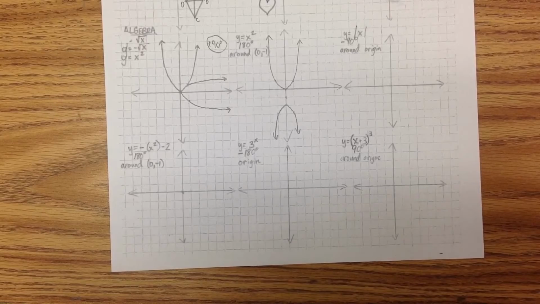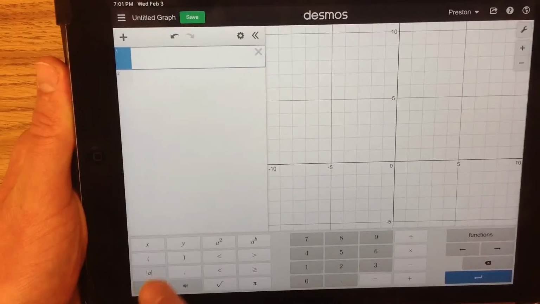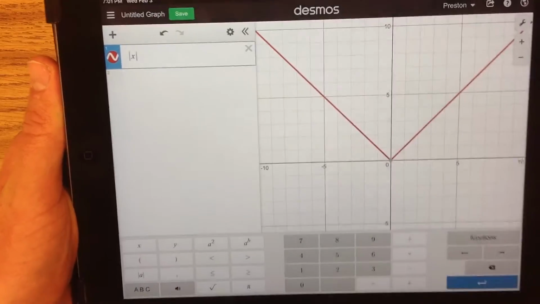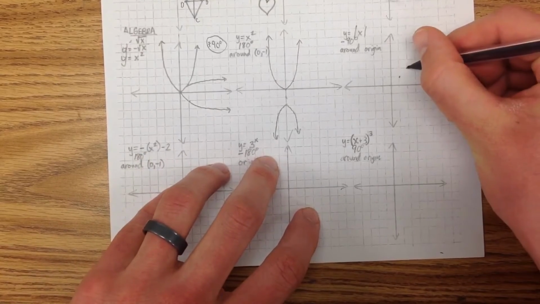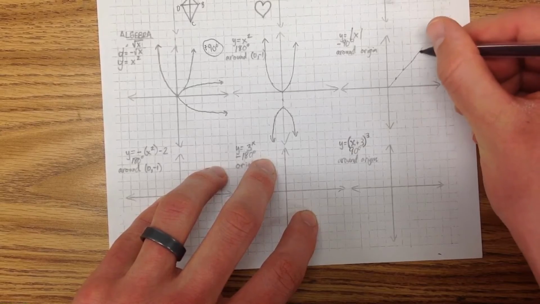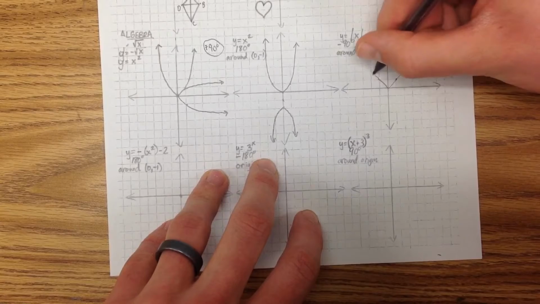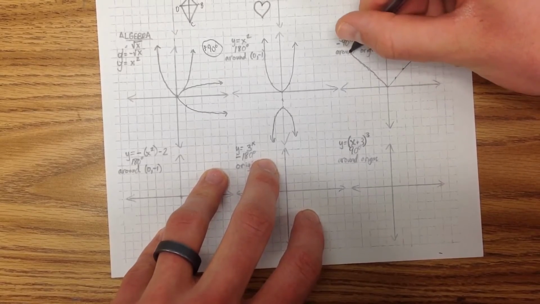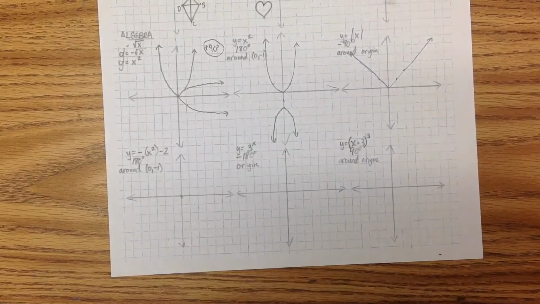Next one, absolute value of x. It looks like a V. So go ahead and draw that. Looks like this. And it says rotate that negative 90 degrees around the origin.